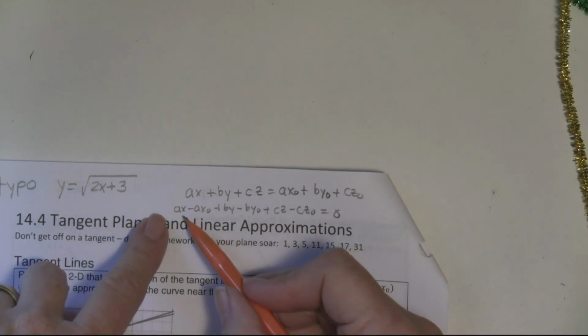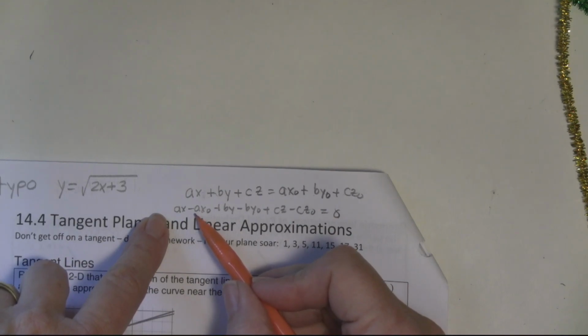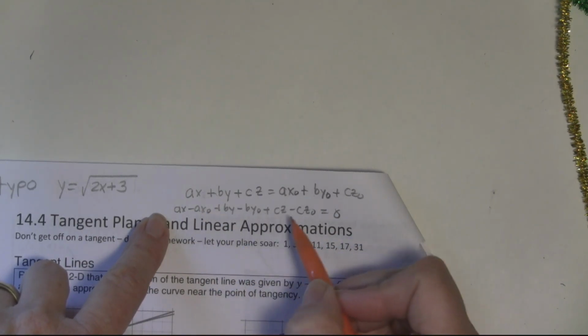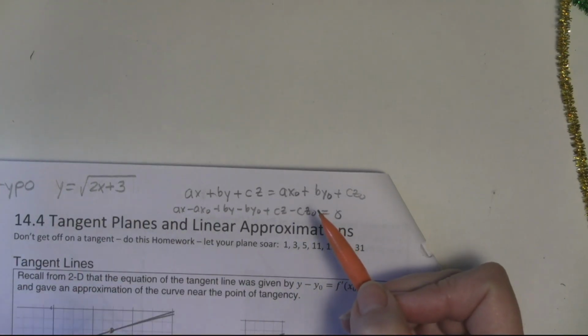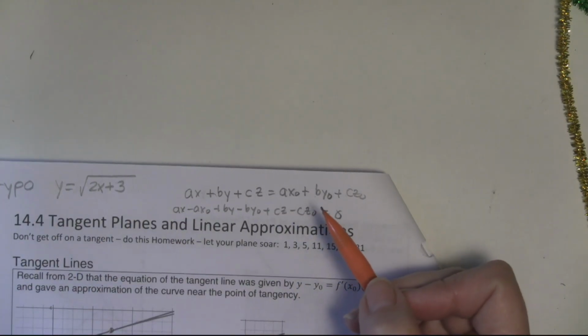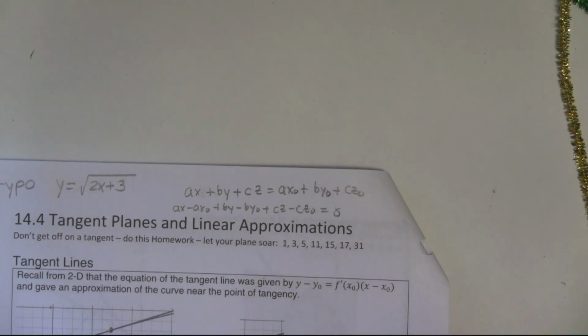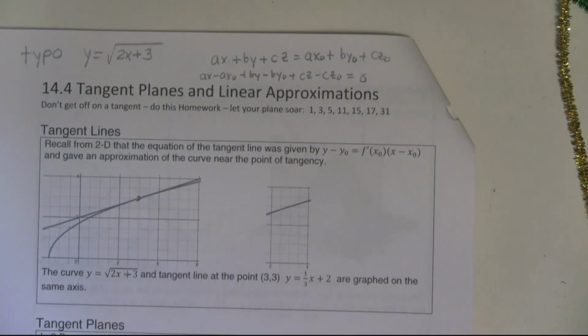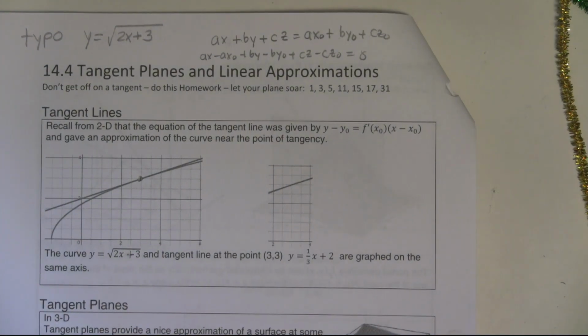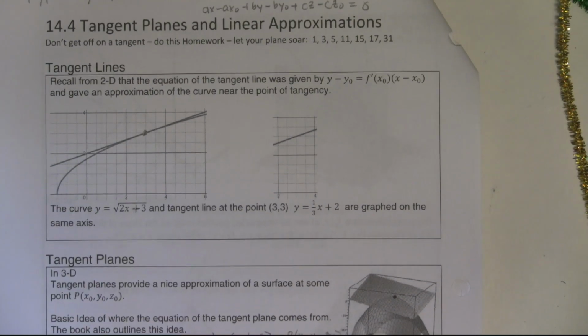And then if I factor an a out of this, a b out of this, and a c out of this, you get another equation builder for a plane. And that's the one that we're going to use right now. It's not the one I typically use, but it's one that they gave you in the book as well.